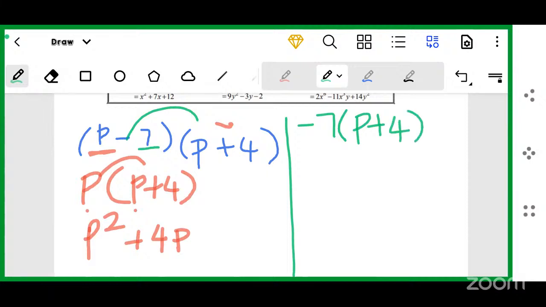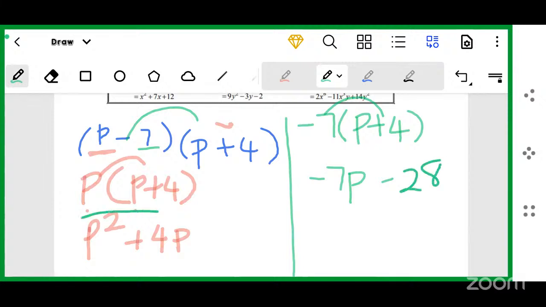So Langelihle, what is negative 7 multiplied by p? Ma'am, it's negative 7p. And what is negative 7 multiplied by 4? Negative 28. Oh, I was about to write 14. Sorry about this. So it's negative 28.